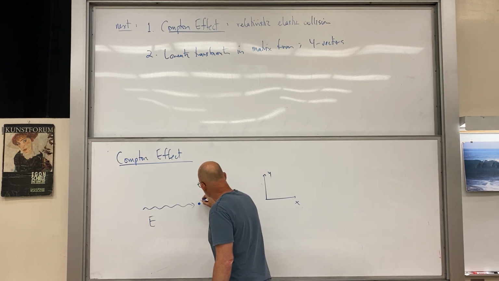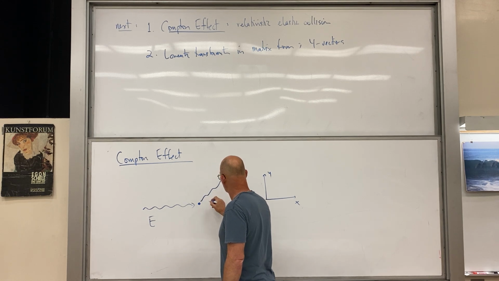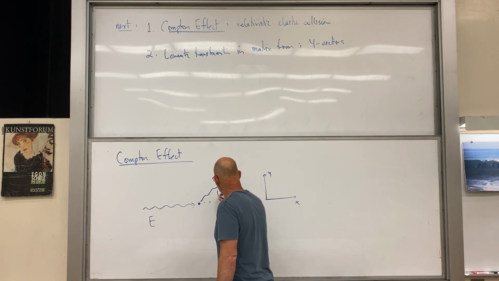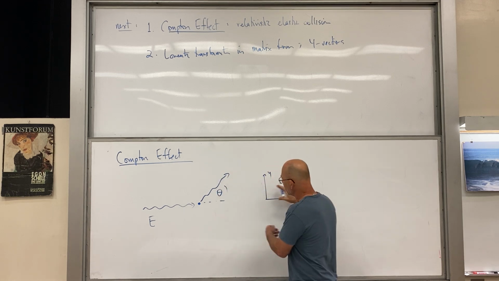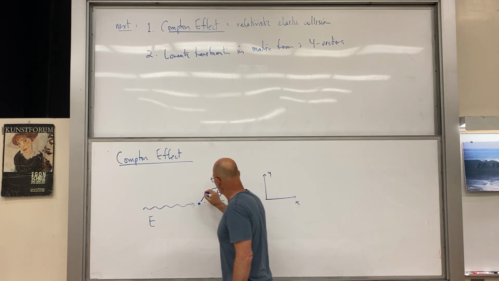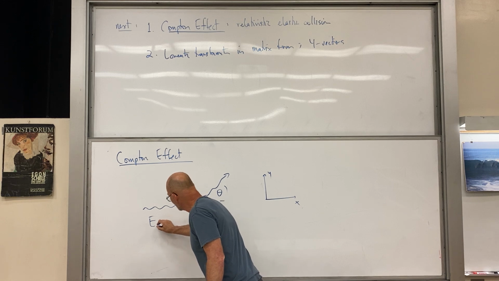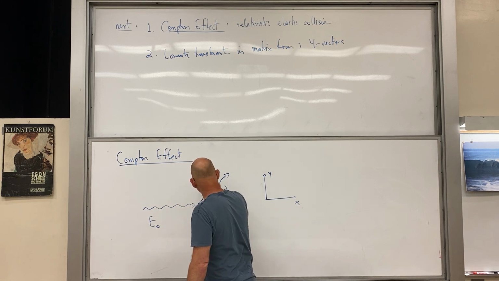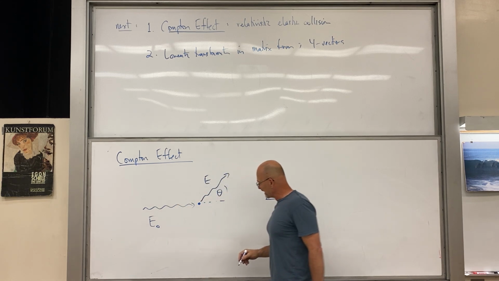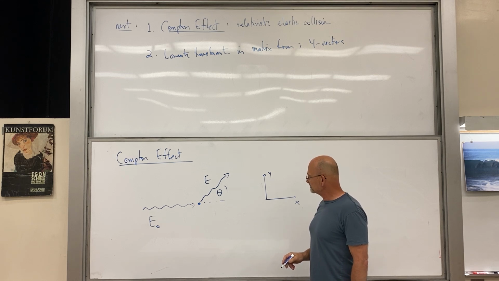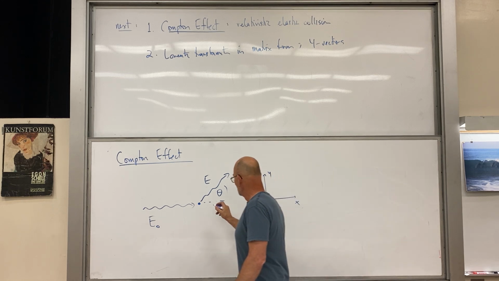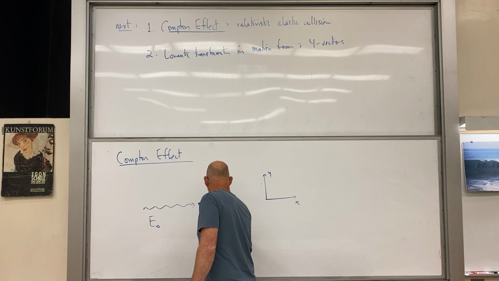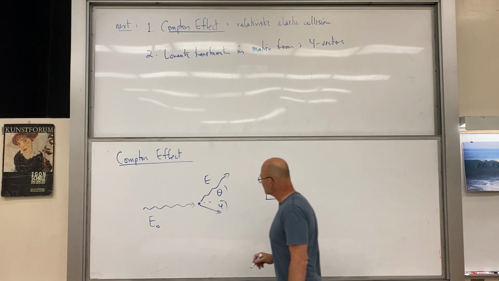It collides with the electron and scatters with an angle theta with respect to the horizontal. And now we have, actually this is E0, and this is the final energy of the photon. And then the electron goes off here as well with an angle phi.